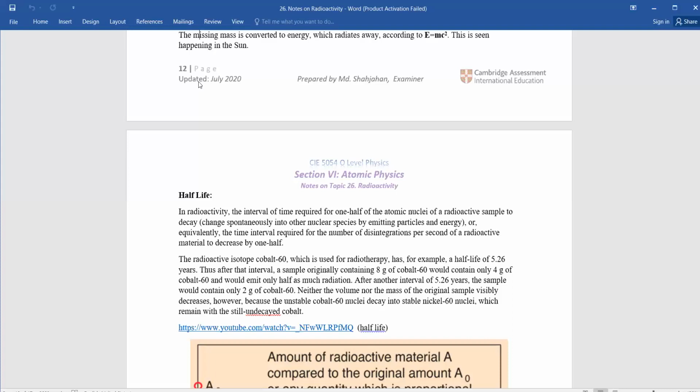In carbon 12, you have six protons and six neutrons. That's why it's normal, not radioactive. But in carbon 14, we have six protons and eight neutrons.